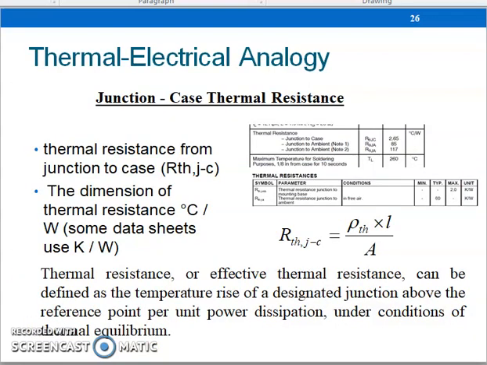So we'll take a look later on how that table is going to be used.